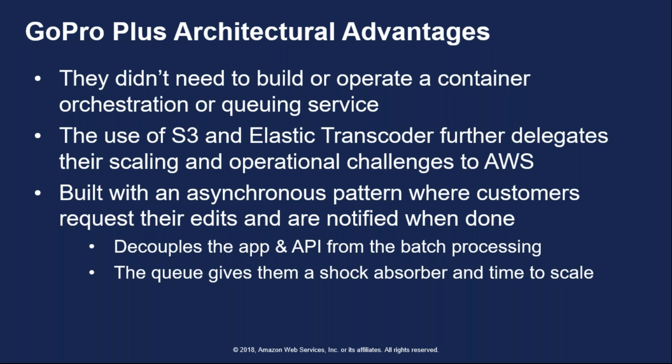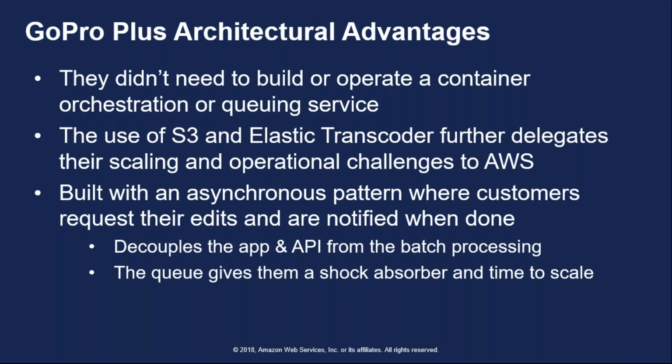So they didn't need to build or operate a container orchestrator or queuing service. This was already provided in the form of SQS and ECS. The use of S3 and Elastic Transcoder further delegates their scaling and operational challenges to AWS. So this is the undifferentiated heavy lifting I was talking about.